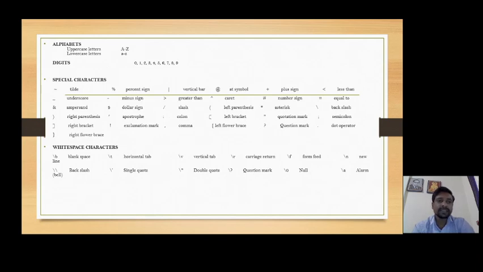Characters are considered alphanumeric characters, like uppercase letters A to Z, lowercase letters a to z, and digits from 0 to 9.